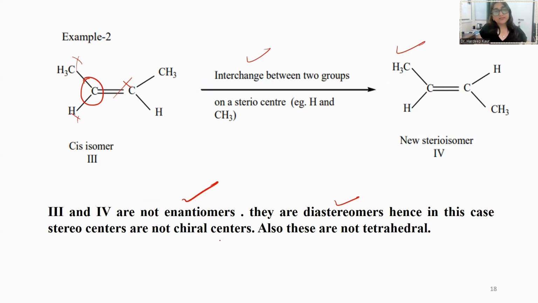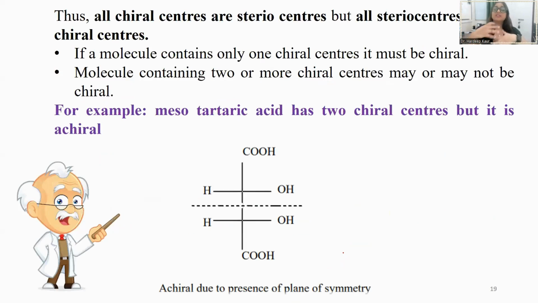But they are not chiral, not enantiomers, because they are not tetrahedral, meaning the carbon is not sp3 hybridized. So we can conclude that all chiral centers are stereocenters, but not all stereocenters are chiral centers.